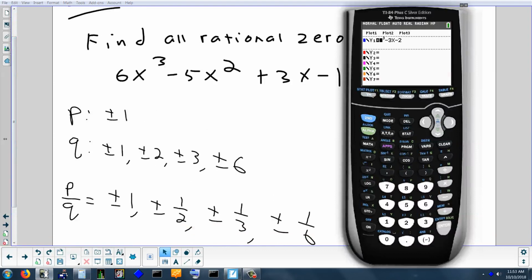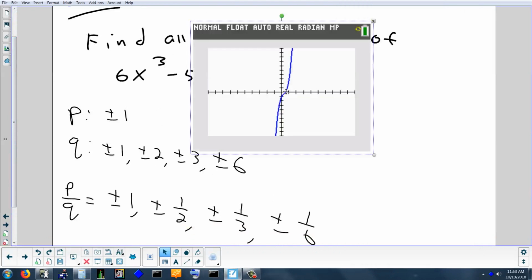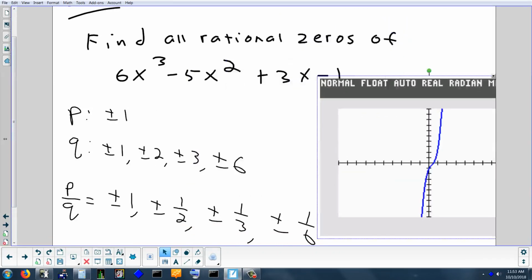All right, so we've got 6x cubed minus 5x squared plus 3x minus 1. Let's see if I can make that a little bigger.